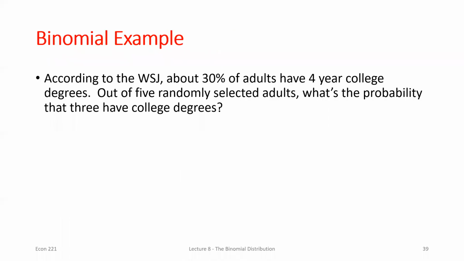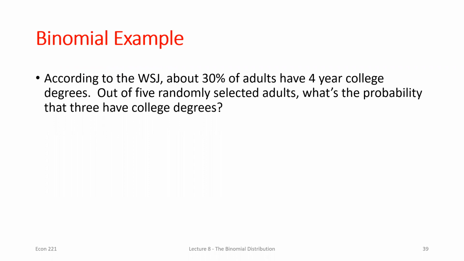So let's think about this next example. Let's say I've got 5 people, and I know the probability that any one person has a college degree is about 0.3. What's the probability that 3 of these 5 people have a college degree? So what's the expected number of people out of 5 that would have a college degree here? The math's a little bit harder, but let's say it was 10 people.